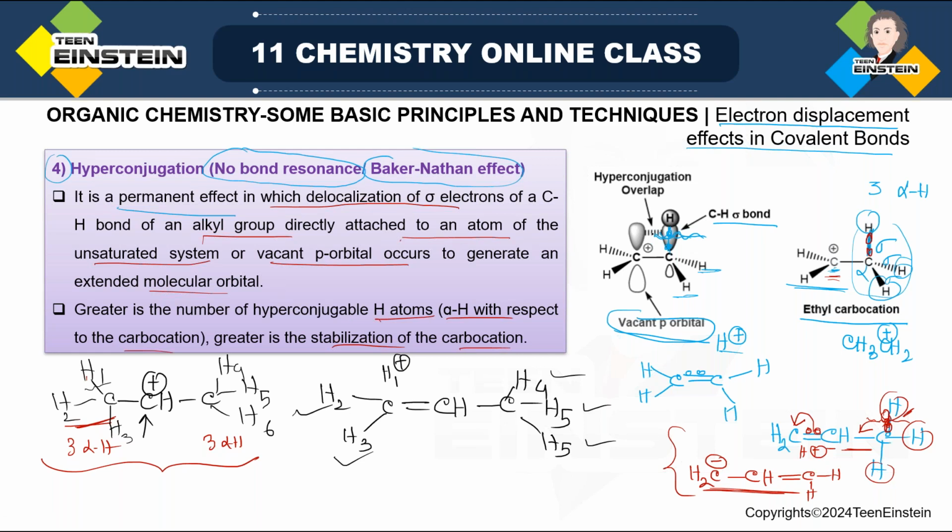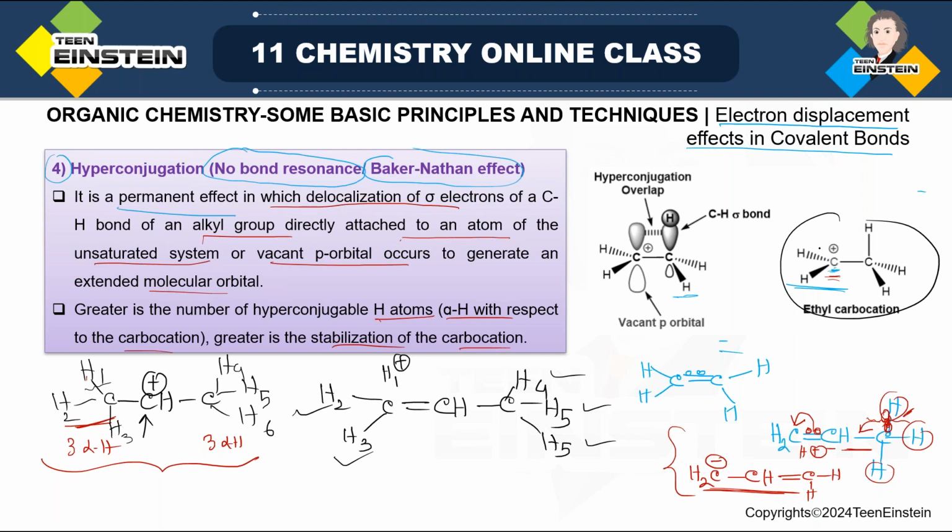Now if I ask you, compared to the original carbocation example, that is the first example in this slide, this ethyl carbocation and this isopropyl carbocation, Me2CH plus, in which case more stability is possible because of hyperconjugation? Obviously the answer is isopropyl carbocation. Why? Because now you have a total of 6 hyperconjugable hydrogens.